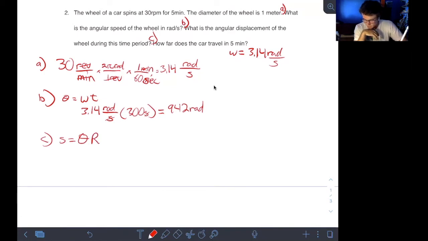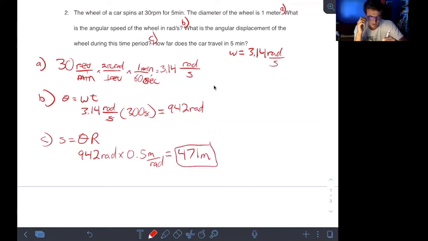So we plug in our variables: 942 radians times 0.5 meters per radian. Then we get a distance of 471 meters that this car traveled.